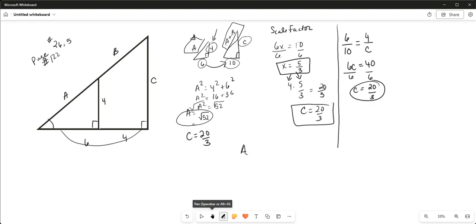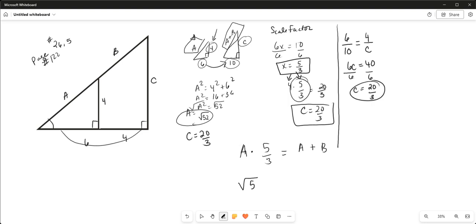We're going to say that a times the scale factor of 5/3 is going to be equal to a plus b.